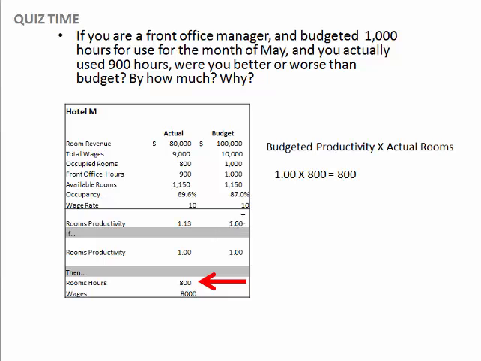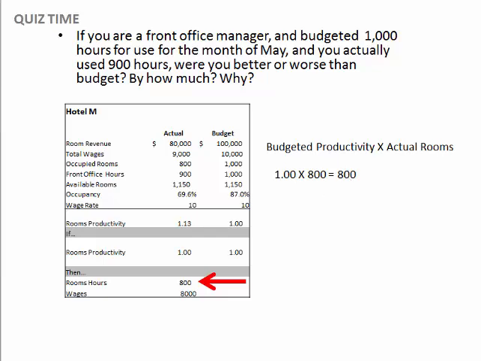If we take that productivity of 1 and multiply it by the actual rooms that we incurred, which were 800, that gives us 800 hours that we would use. So budgeted productivity times your actual rooms gives you the new adjusted budgeted hours amount. So that would be 800.